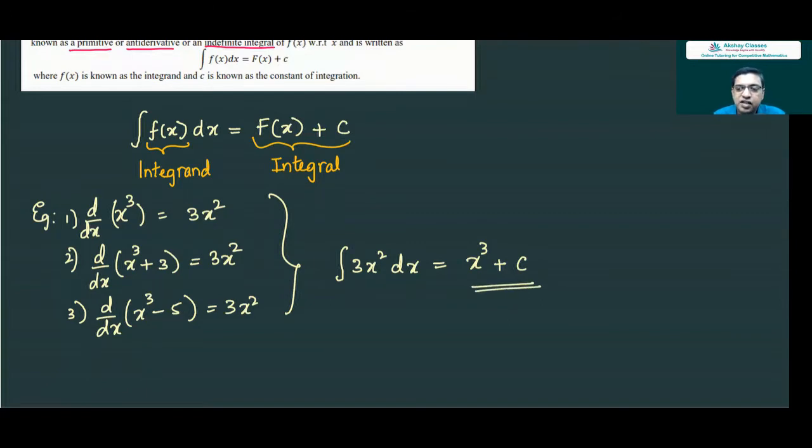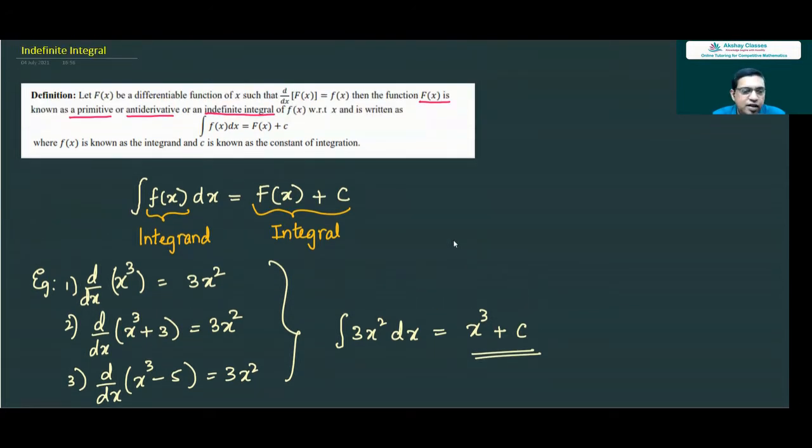Therefore, this is the indefinite integral. If you want to know this constant, some other property of the function is needed: you substitute and find out the value. For example, if you know that the function is equal to 1 at x equal to 0, then you substitute x equal to 0, and the value of c will be 1. So this is the indefinite integral.